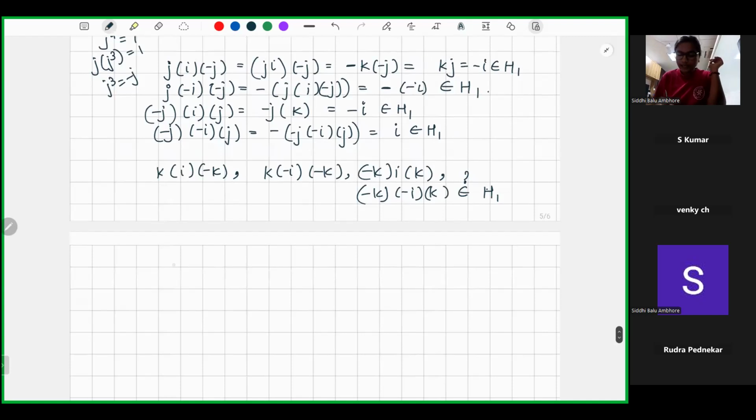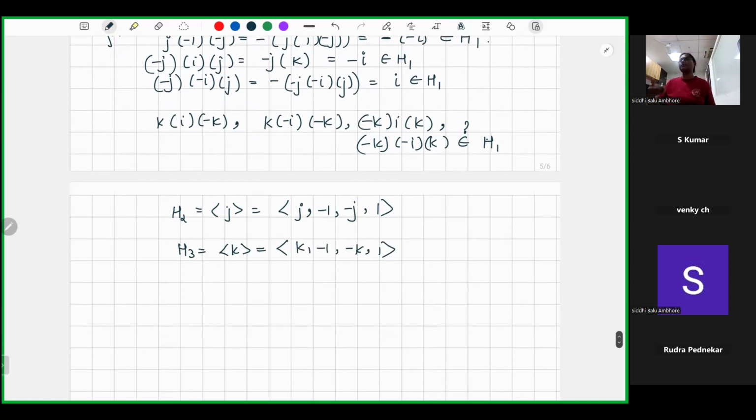And similarly, you can do with this H2. You can take this cyclic subgroup generated by j. That is this group j, minus 1, j cube, which was minus j, we just saw, and 1. And similarly, this H3, that is subgroup generated by k, that is k, minus 1, minus k, and 1.